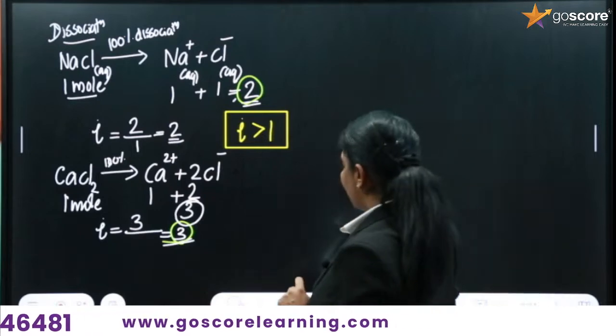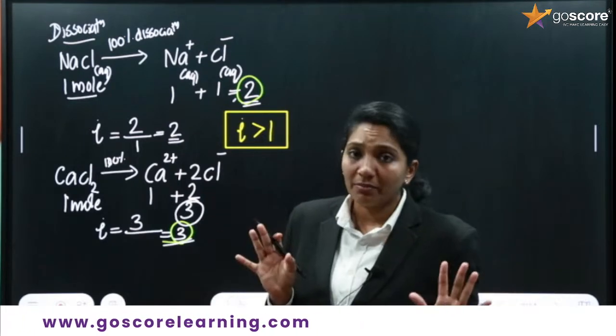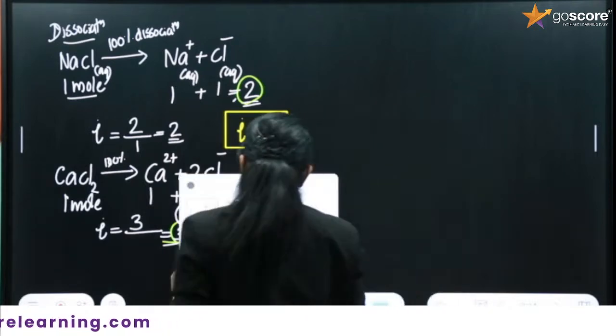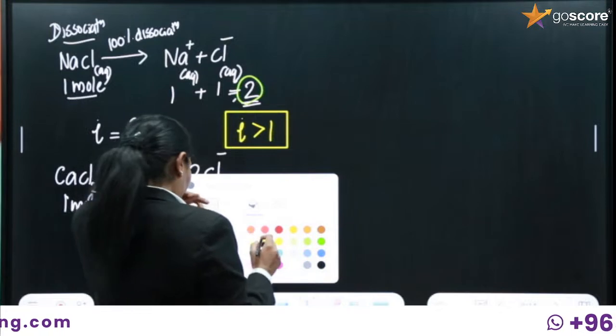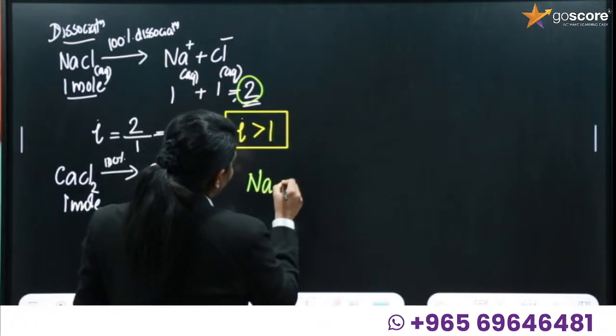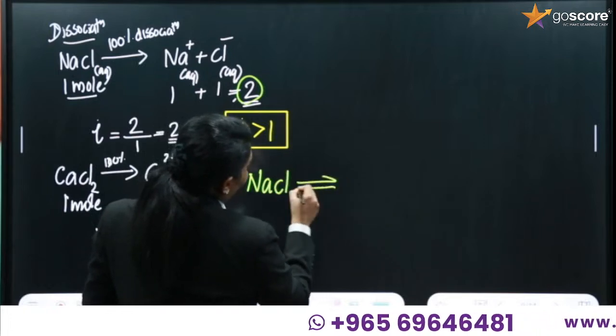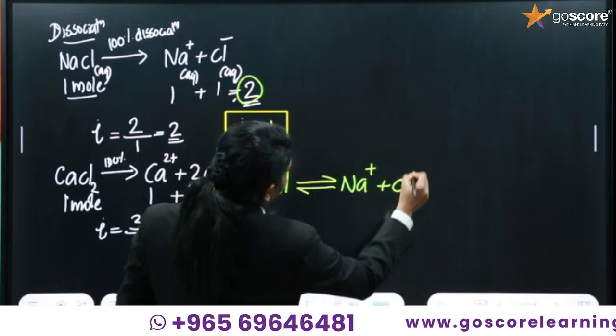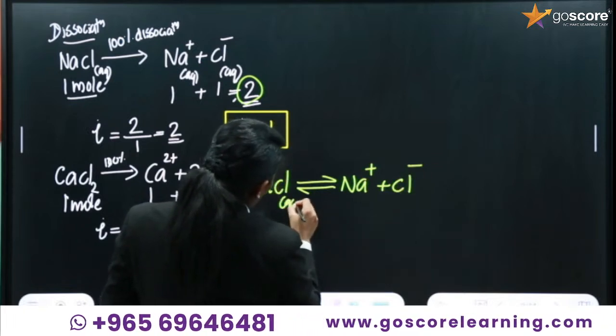So now consider that only equilibrium is reached, not 100% dissociation. What will be the equation? We can write sodium chloride in equilibrium with Na plus and Cl minus, all in aqueous state.